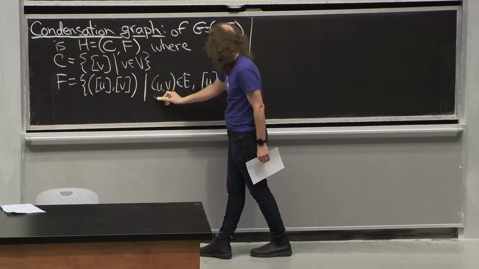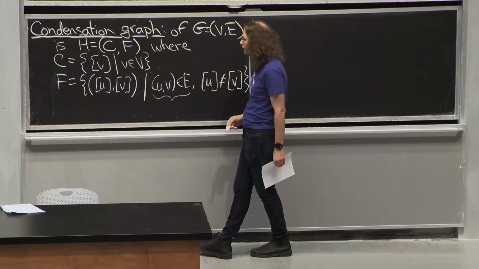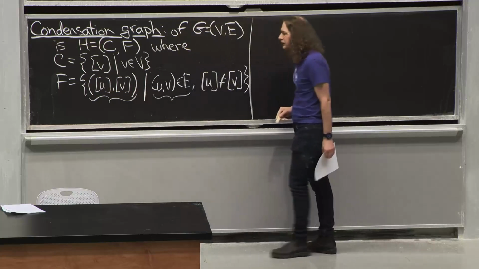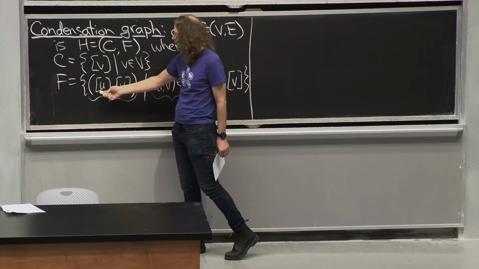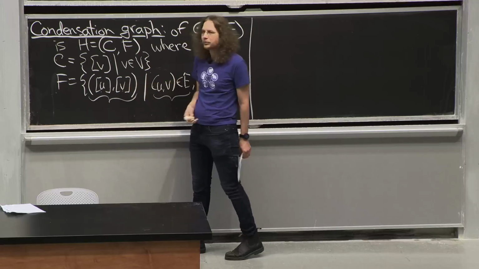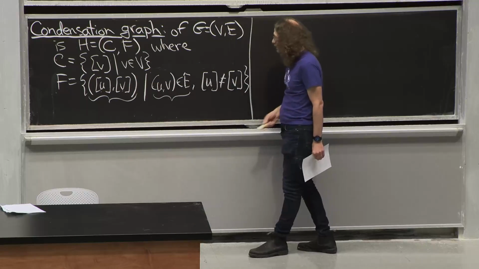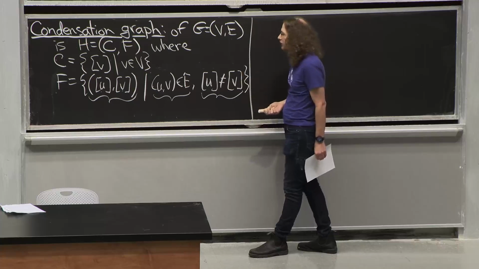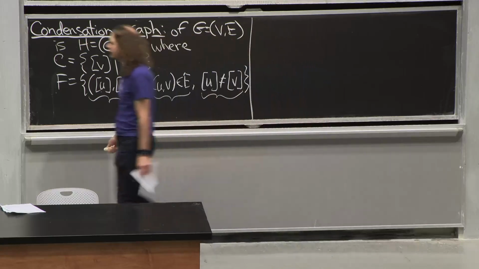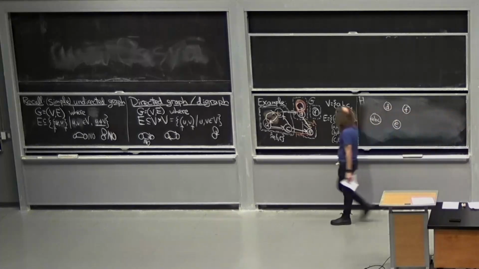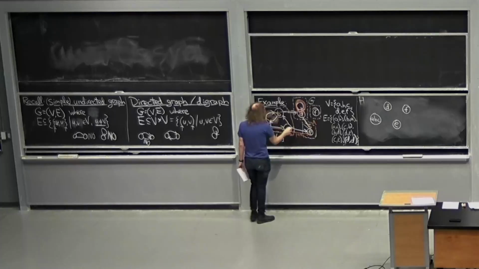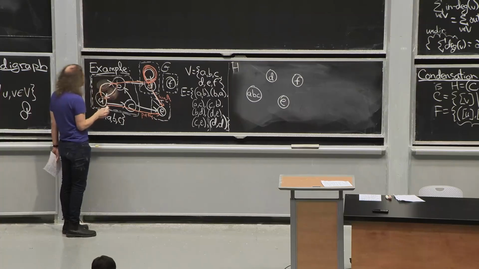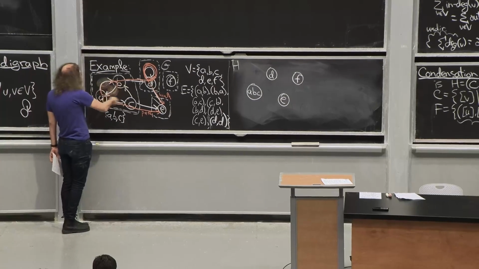Whenever I have an edge UV in the original graph, I want to draw an edge between the corresponding strongly connected components, the strongly connected component containing U to the strongly connected component containing V. Except I don't want edges from a strongly connected component to itself, just because it's cleaner that way. So this will represent exactly the edges between components. There are some edges within components which I want to ignore because I can get anywhere within this component.